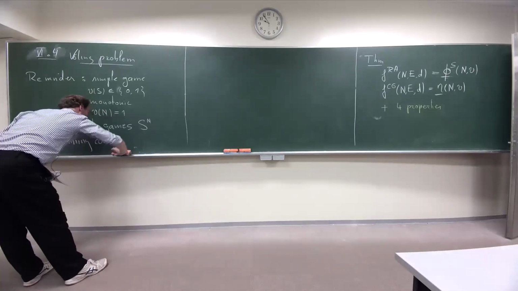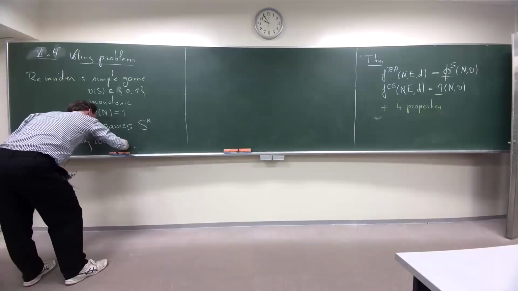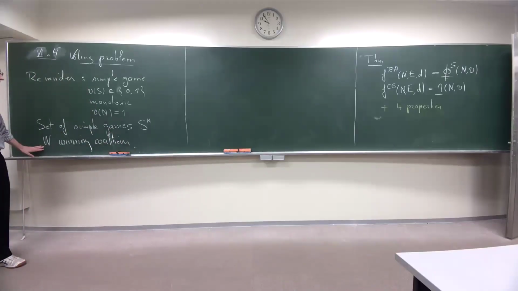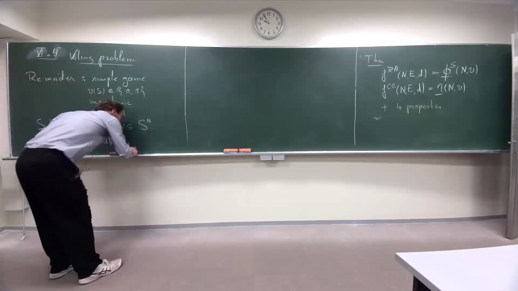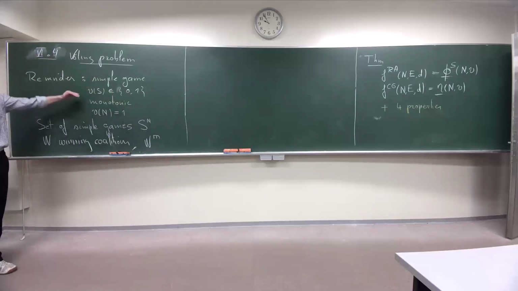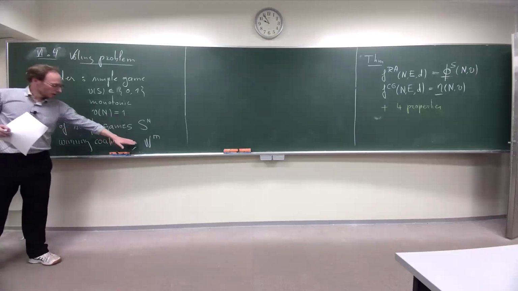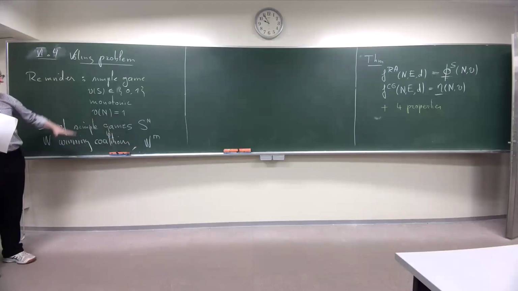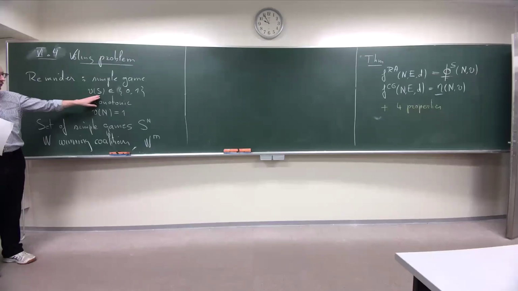The winning coalitions are the subsets of N such that V of S is 1. These are the winning coalitions. So W is the set of all winning coalitions. And I also introduced the set of minimal coalitions because the game is monotonic. If you have a winning coalition, so V of S is 1, then for all coalitions which are bigger, you still get 1 because it's monotonic.